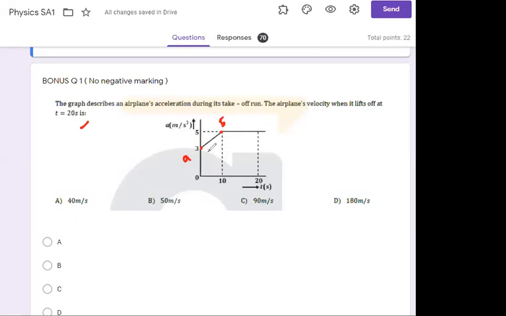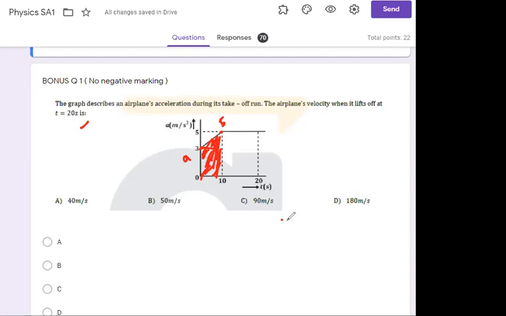Okay? We know that area under this a-t curve will give me what? Velocity? हाँ या ना? Yes or no? Right? Area under the a-t curve is velocity. तो बहुत basic है. What is this area, guys? Can you find this area?